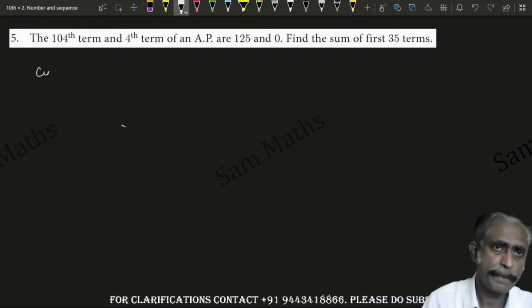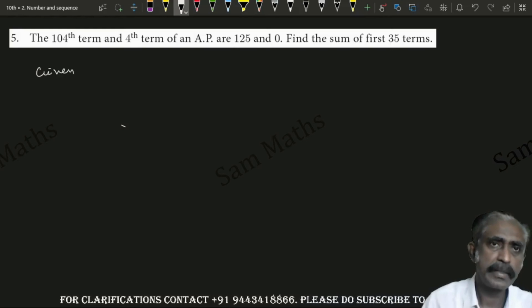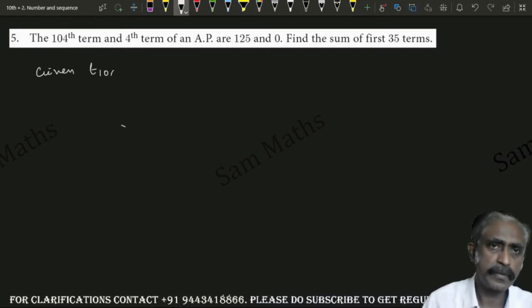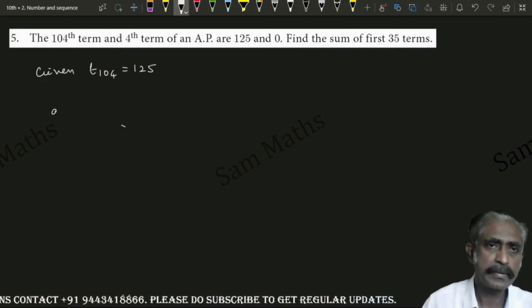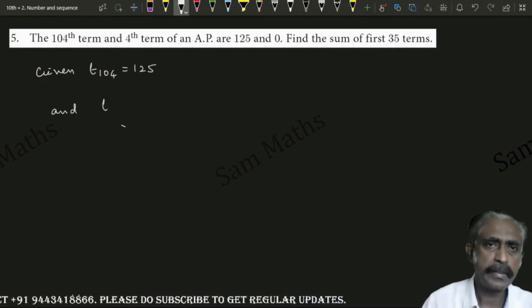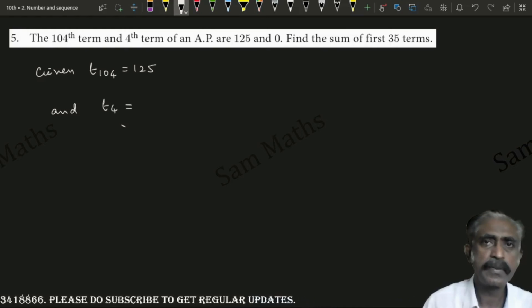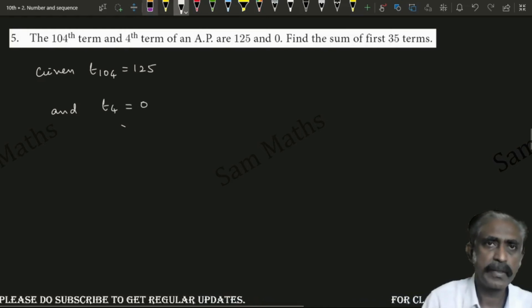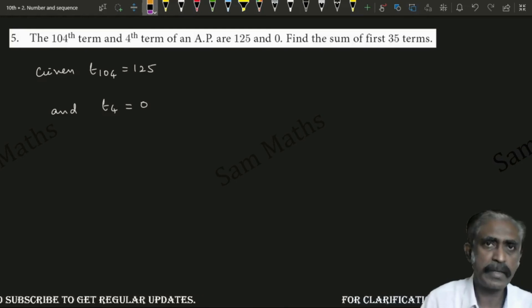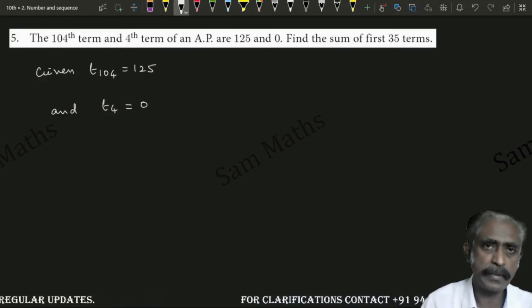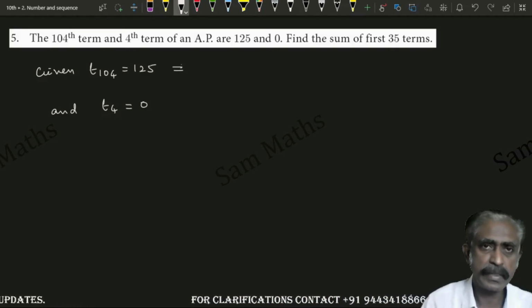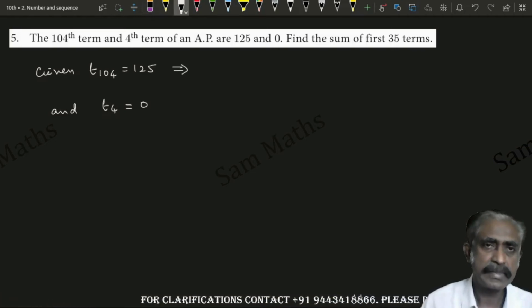Given T104 is equal to 125 and T4 is equal to 0. With the help of these two values, we have to find A value and D value. From the first one, we can write it's 104.